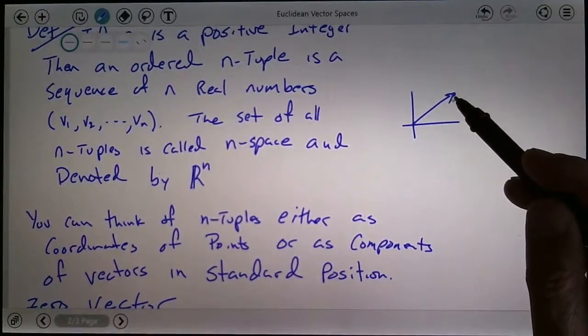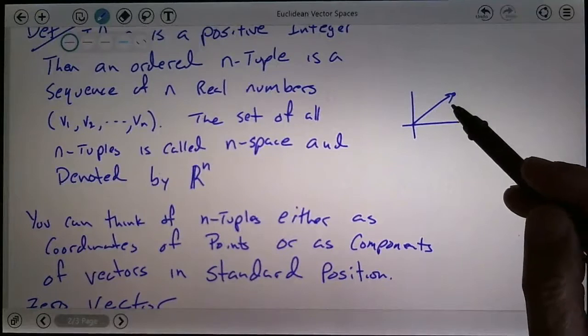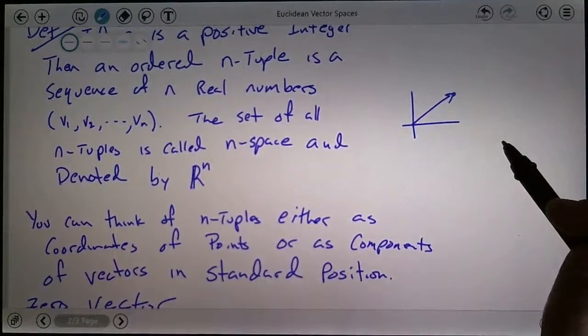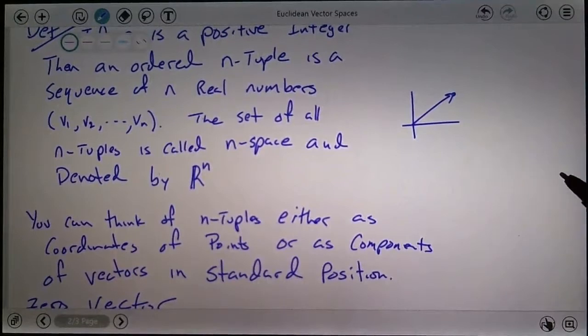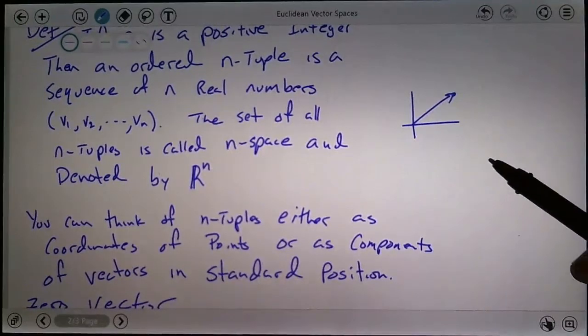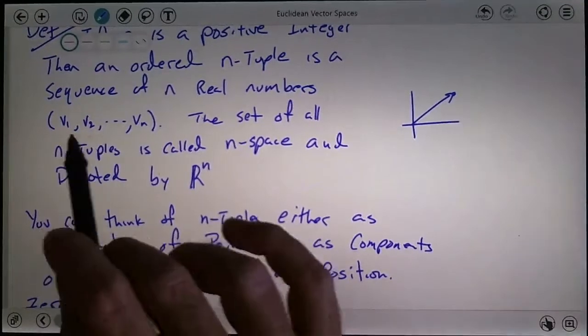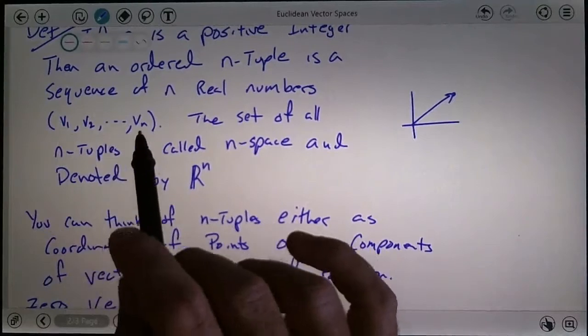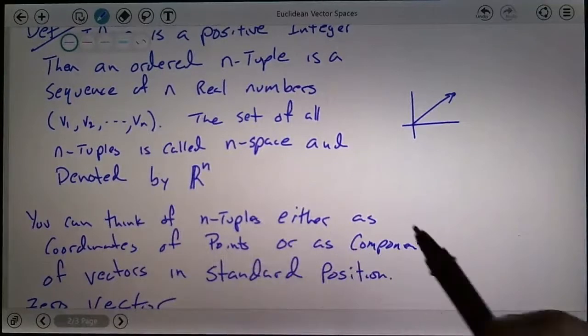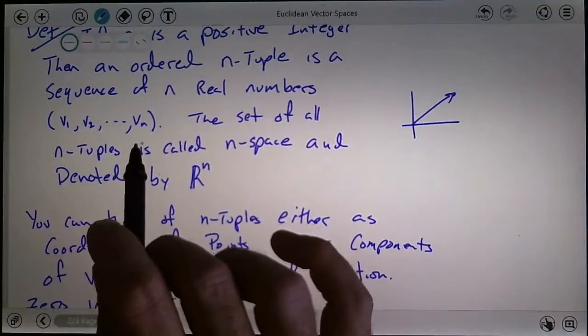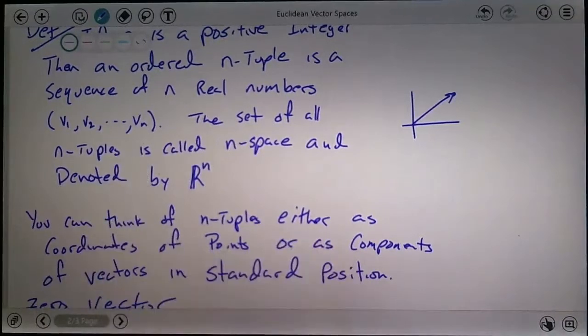There's a one-to-one correspondence between vectors in R2 and points in the plane. Likewise, there's a one-to-one correspondence between vectors in R3 and points in space. So are these n-tuples just lists of numbers, or are they vectors? It's like, well, let's define how we add these things and multiply by scalars and see that they behave in exactly the same way that our geometric vectors did.